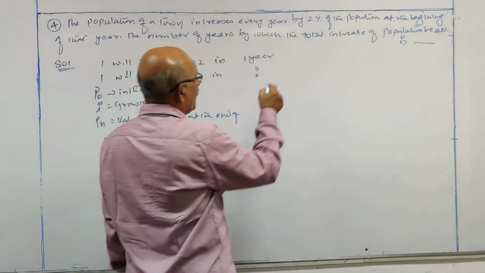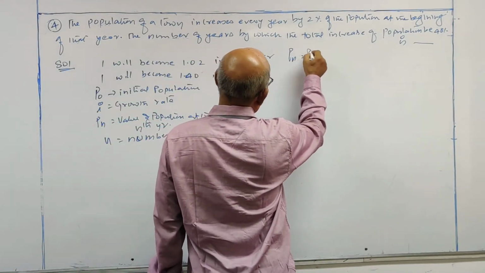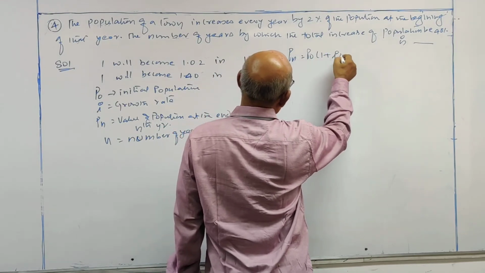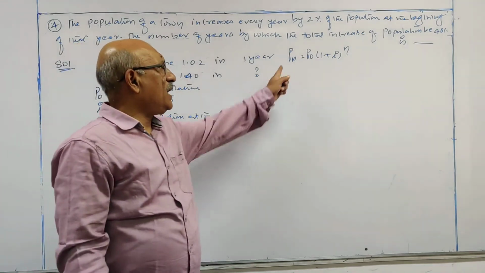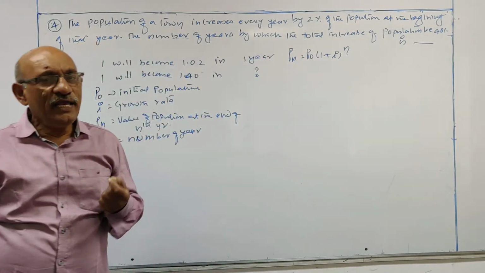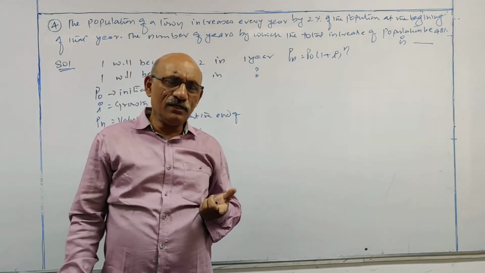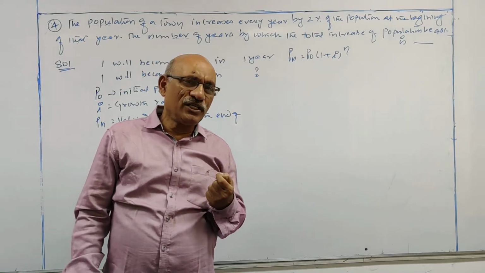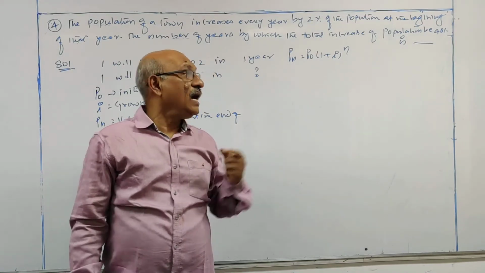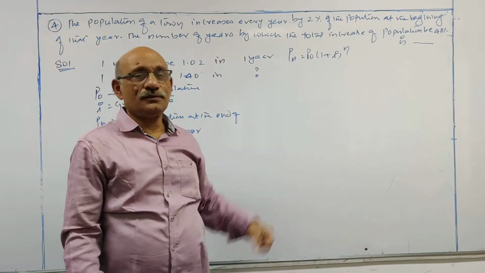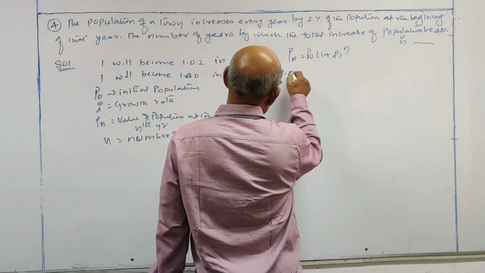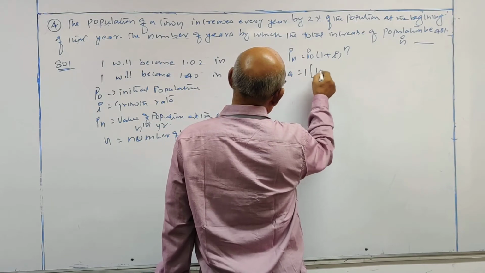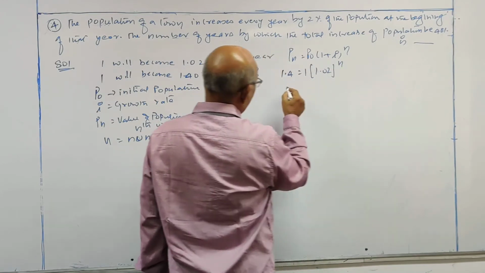Then we have Pn is equal to P0 into (1 plus I) whole power n. The compound amount formula is written in this manner. So this is 1.4 is equal to 1 into 1.02 whole power n.